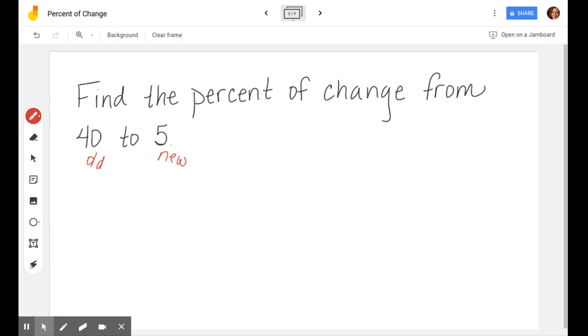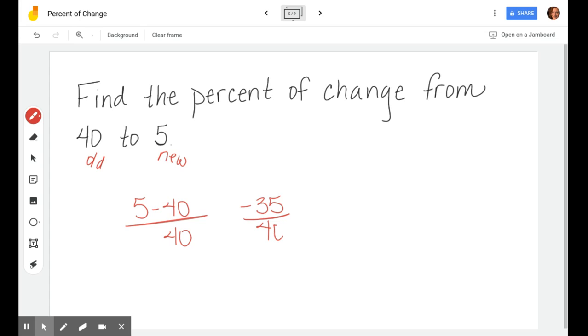So I'm still going to do new minus old. I'm going to take 5 minus 40, and then I'm going to divide by the old one, which is 40. So that gives me negative 35 over 40. Let's see, negative 35, or just 35, divided by 40.